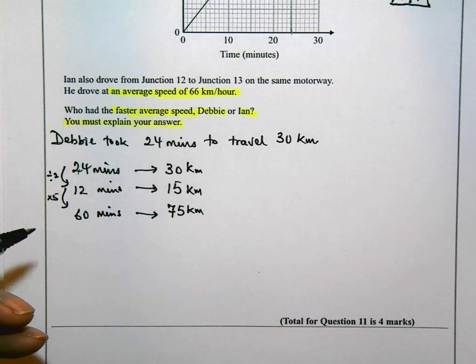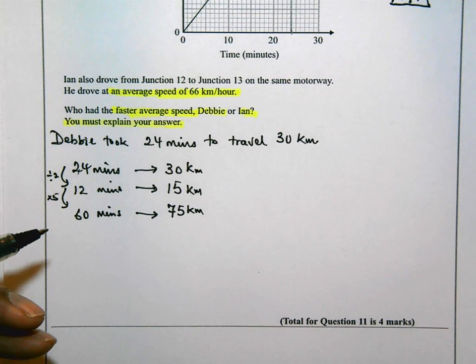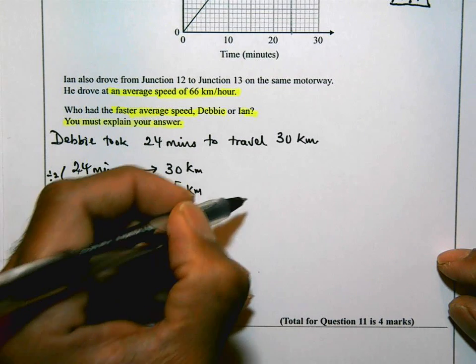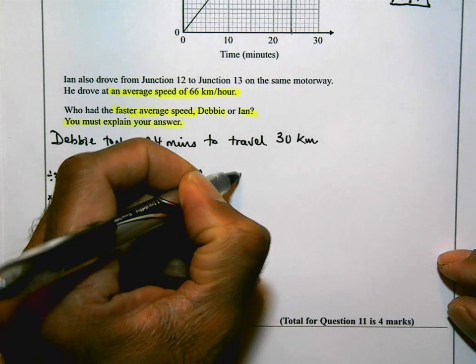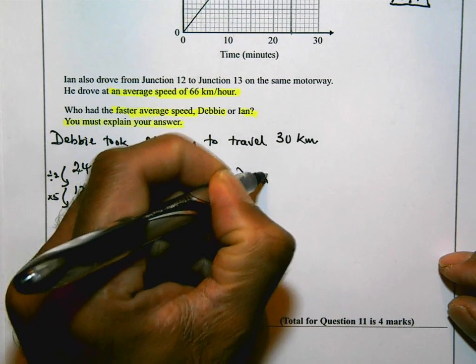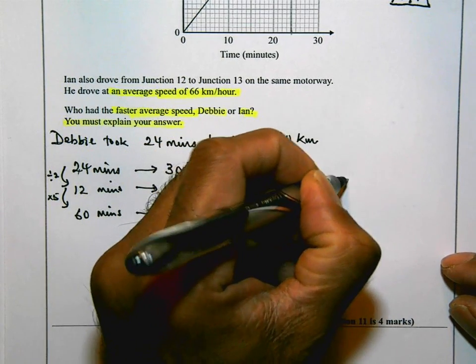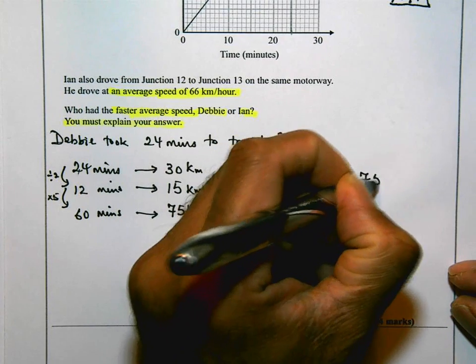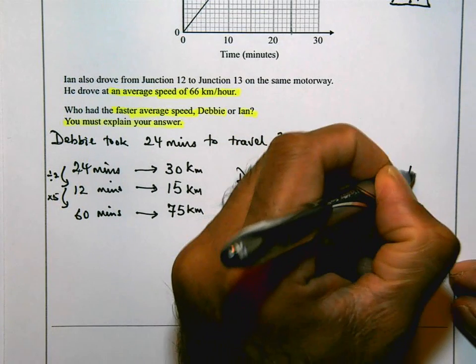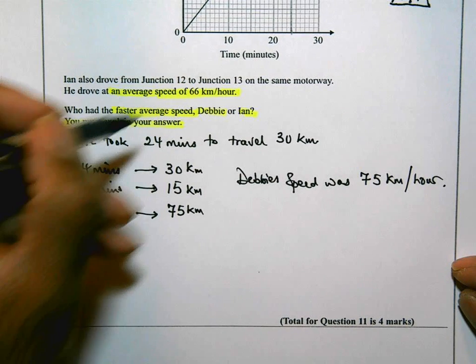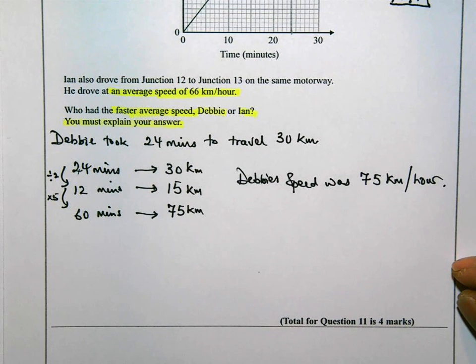Being able to travel 75 kilometers in 60 minutes, that means Debbie's speed was 75 kilometers per hour. It is pretty obvious that Debbie was faster than Ian. So I'm going to write a sentence to indicate that.